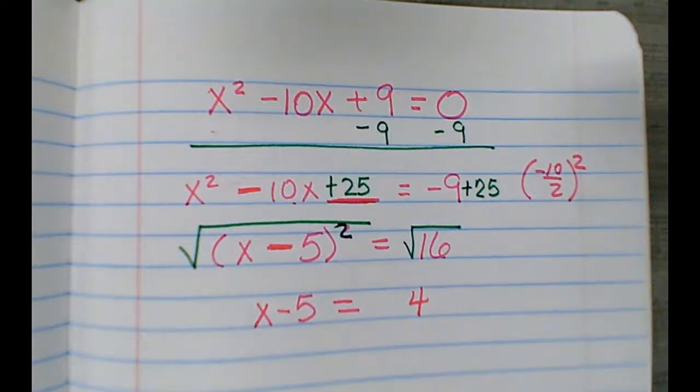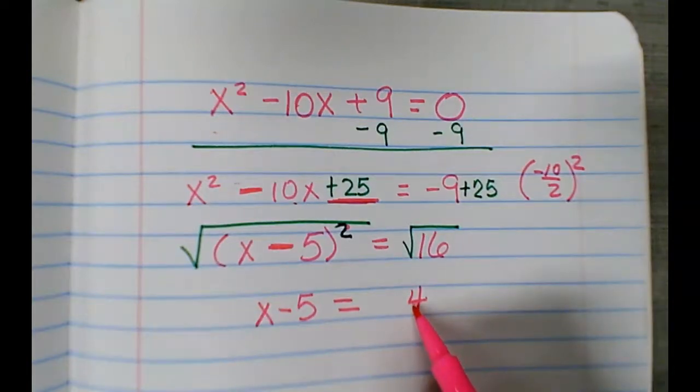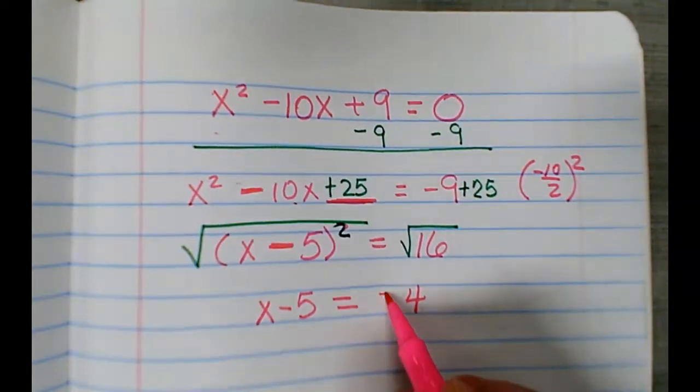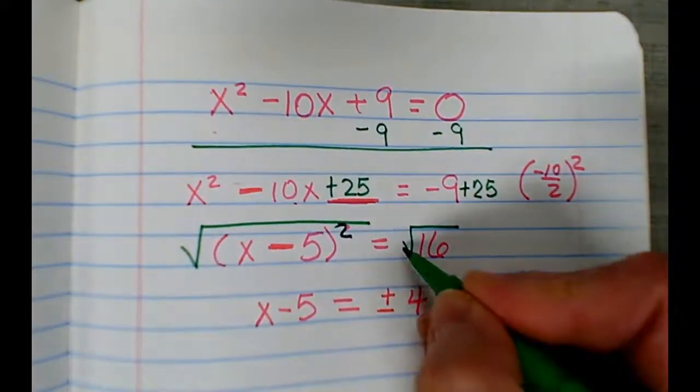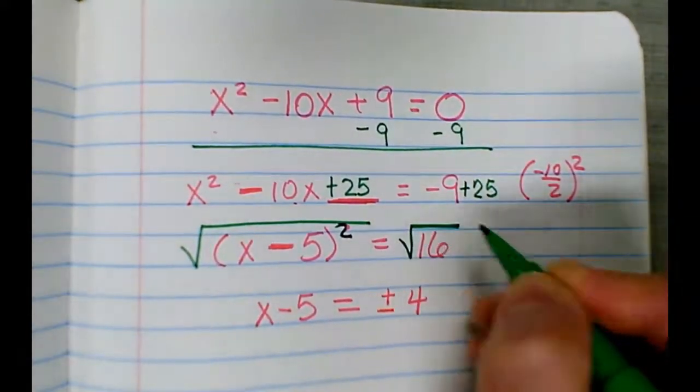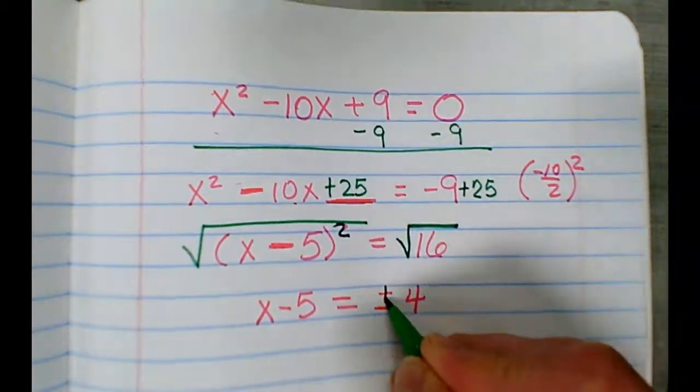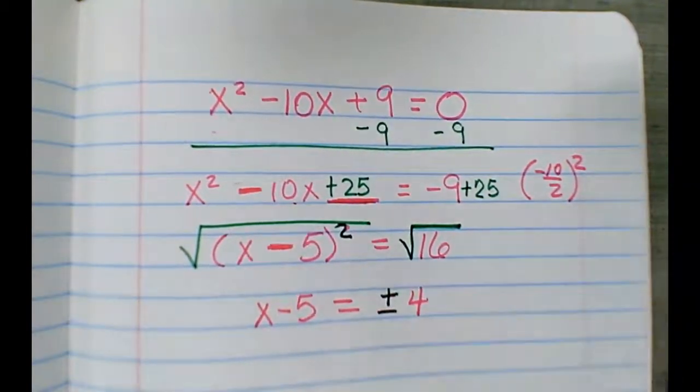Because 4 times 4 is 16. But what's negative 4 times negative 4? Isn't it also 16? So this answer could be positive 4 or negative 4. Anytime that you take a square root to solve an equation, it will be plus or minus the square root.